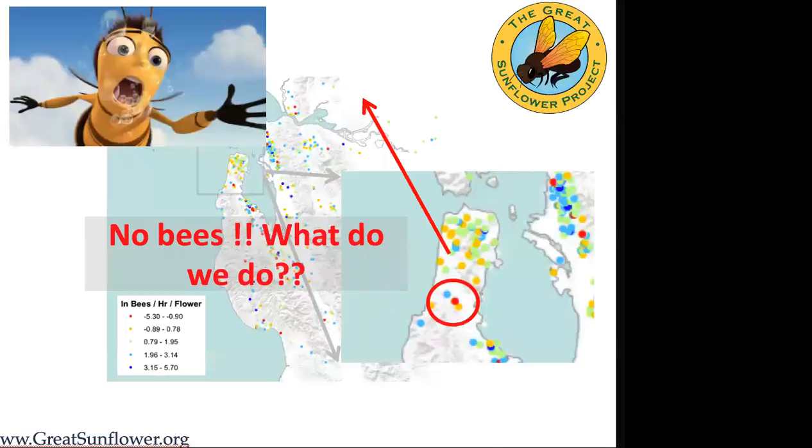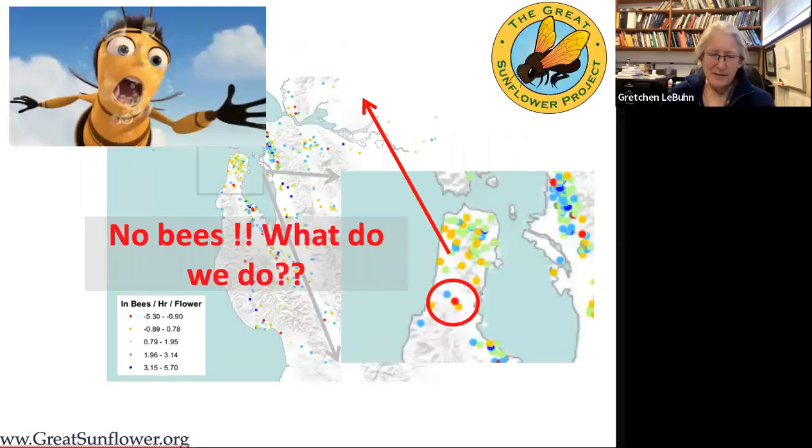So the next thing that happened in the Great Sunflower Project is we had some people panic. Those folks who discovered that they had no bees, it is late in the day, really wanted to help. And I can't tell you how many emails I got from people who were very concerned when they detected no pollinators on their plants.